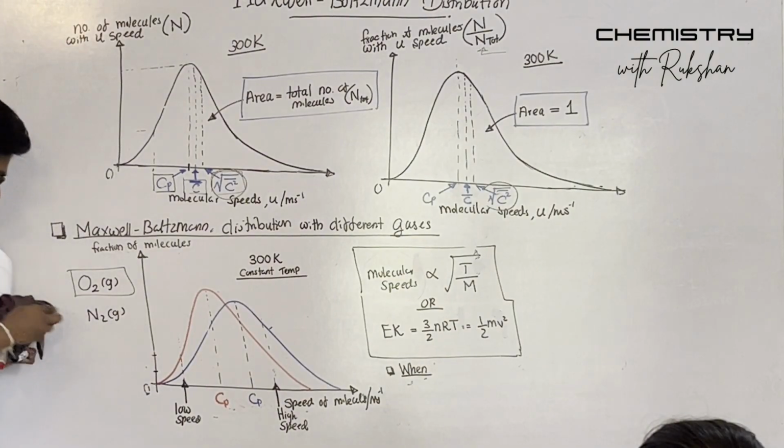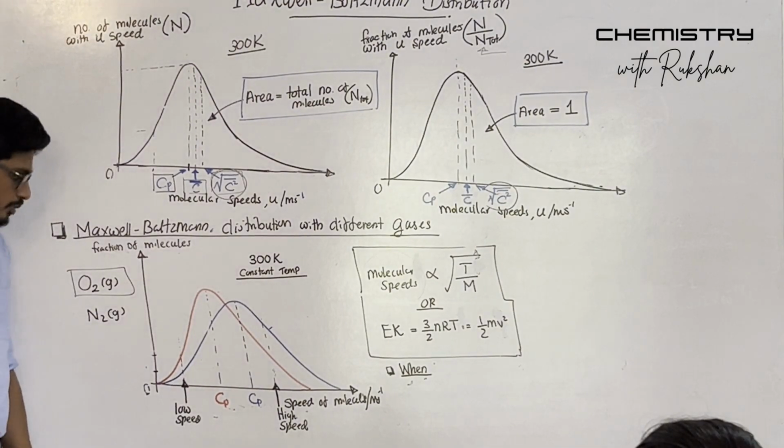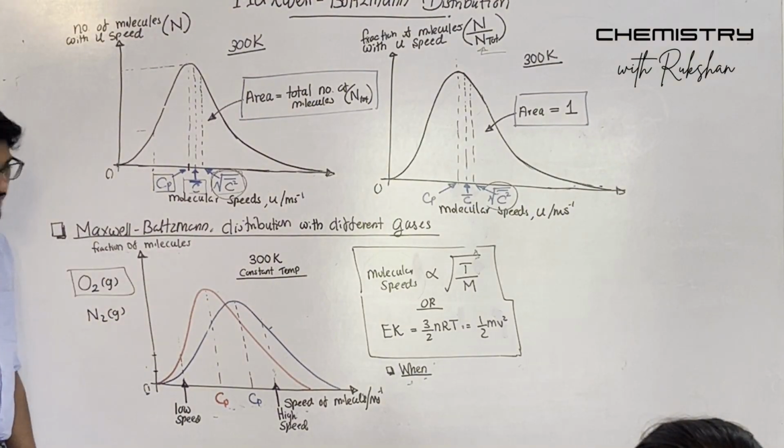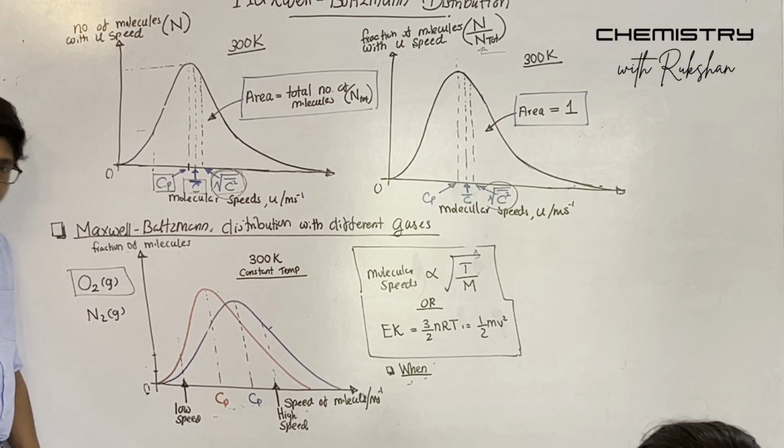Which curve represents the O2 gas? The blue curve or the red curve? You can use any of these. Those are the main two things to use. Yes. Which represents O2? The blue color for the O2, the red color for the other, right?